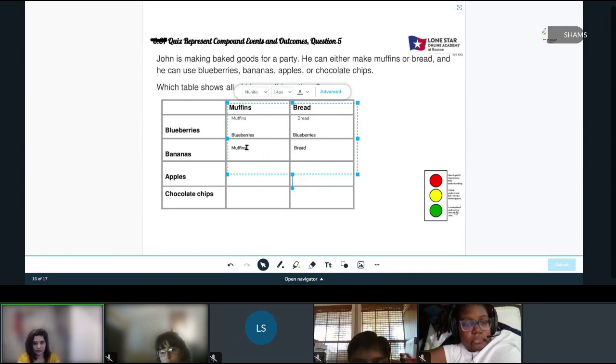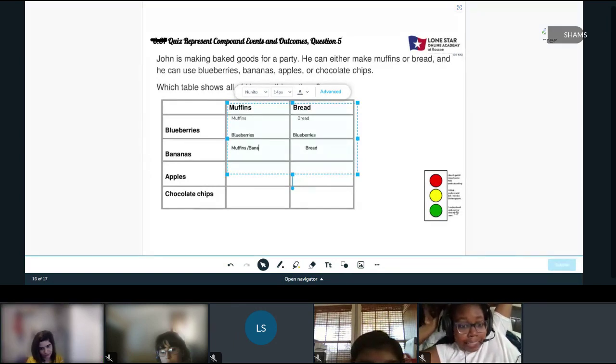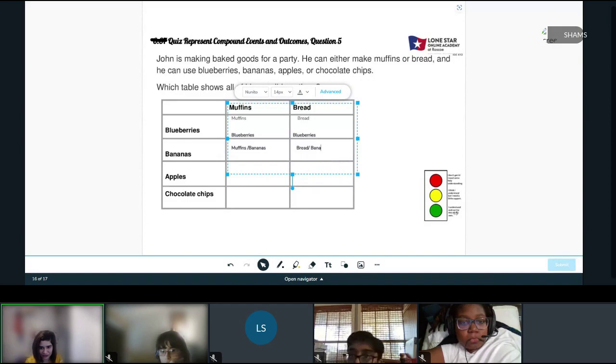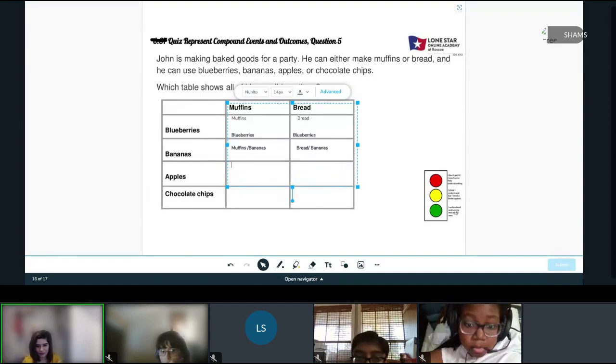Okay, so if we have muffins, we'll just push slash, bananas, and squeeze things in, put bananas. Xavier, how are you going to handle this one? This is another technology challenge for us. Bananas. Then move to the third line.